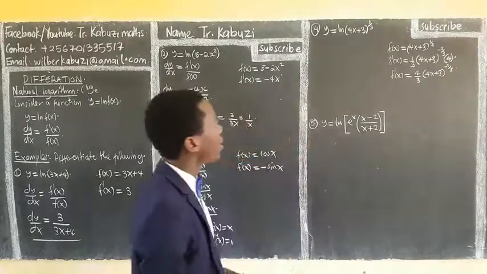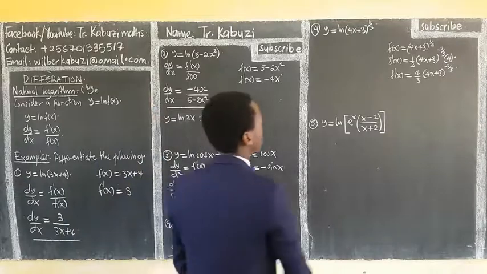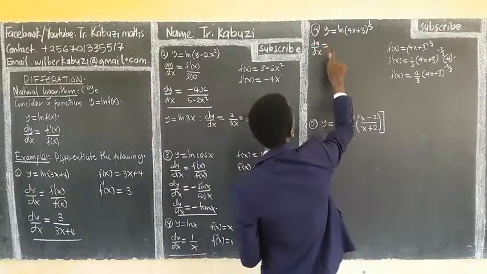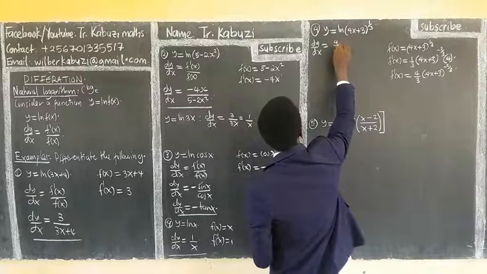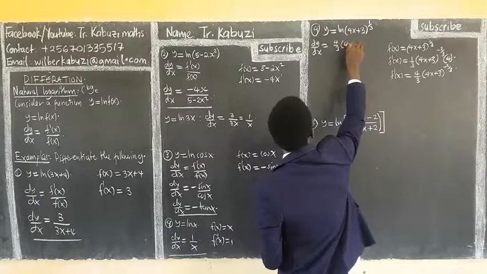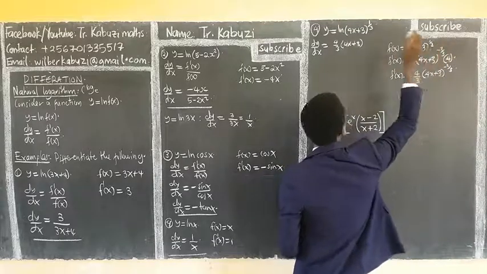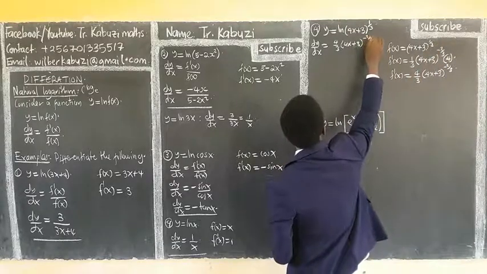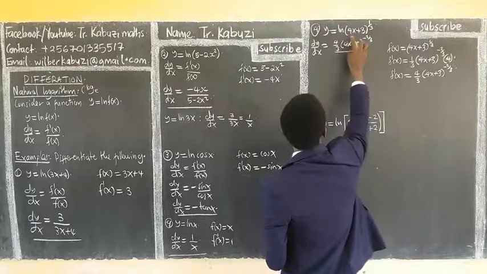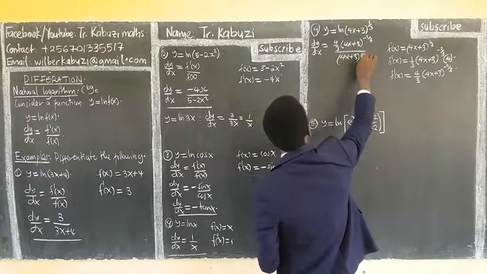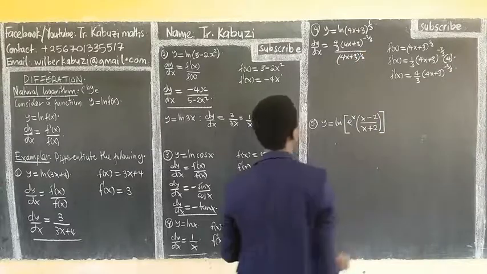So now we are going to put that there. From here, dy/dx, the derivative, is 4 over 3 times 4x plus 3 to the power of negative 2 over 3, over the original function, which is 4x plus 3 to the power of one third.